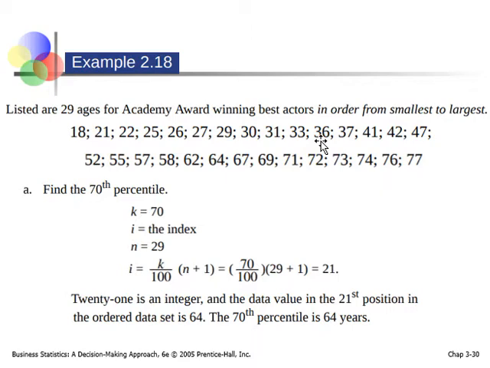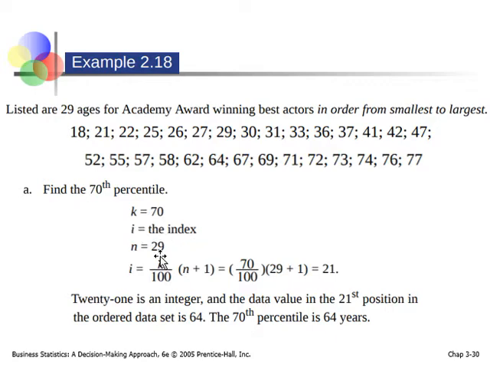Okay? So here, since we are finding the 70th percentile, our k is 70. Again, k is your percentile number. If you were finding the 50th percentile, it would be 50 here, but in this problem we consider the 70th, so 70 is our k. Now, the i, which is the index, is what we will find, which is the position of the value at the 70th percentile.